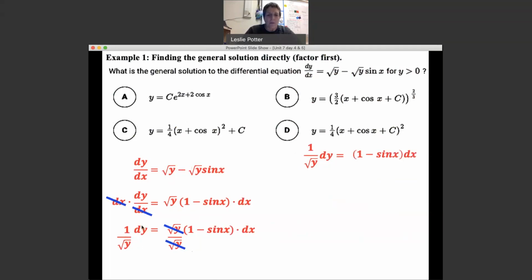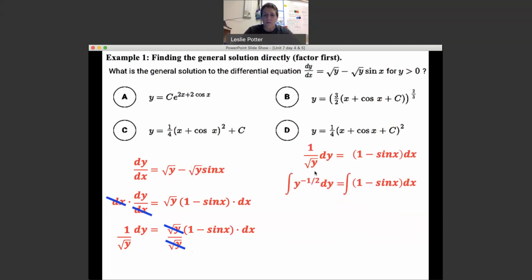You could keep it as dy over root y, but we want to recognize that when we do the antiderivative, we're just going to write this as a negative half power through the reversal of the power. So now I have my variables separated. I've got my y's on the left, I've got my x's on the right. I'm going to go ahead and write this with its negative power. And now I can go ahead and do the antiderivative of both sides.